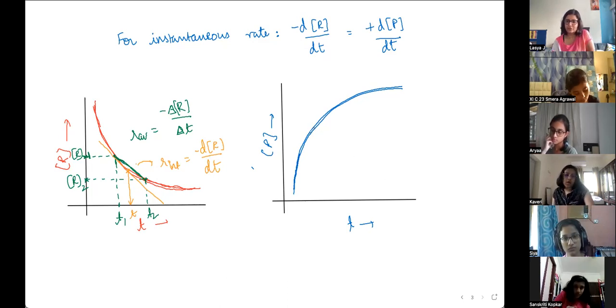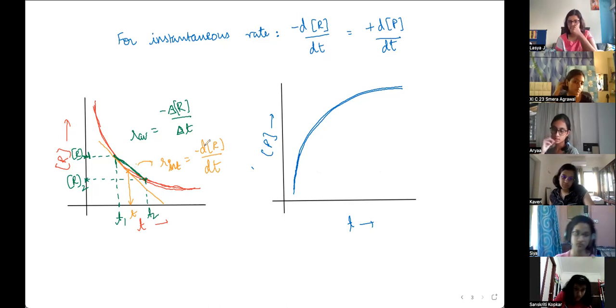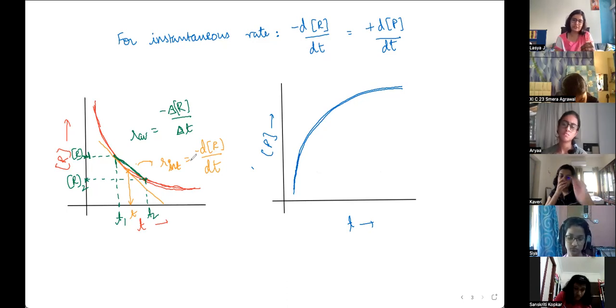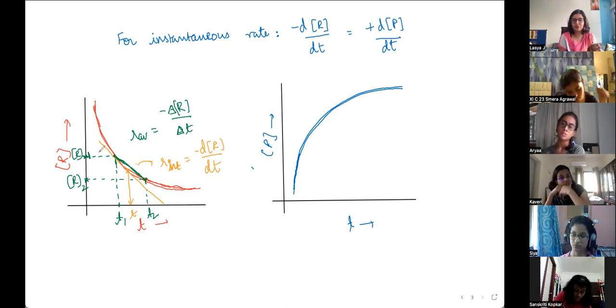How did you get R instant? I didn't understand. Whenever you do one step of differentiation, you're calculating the slope of the curve.